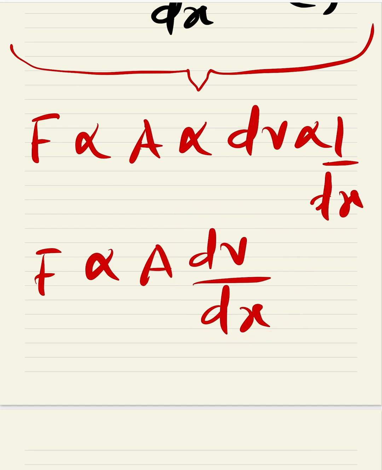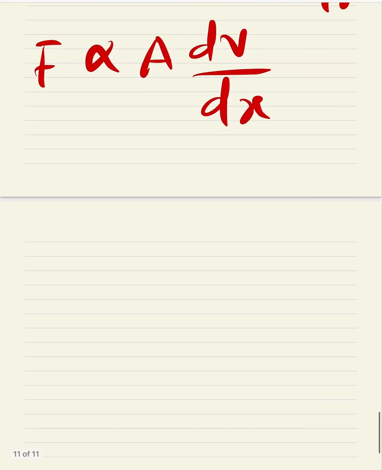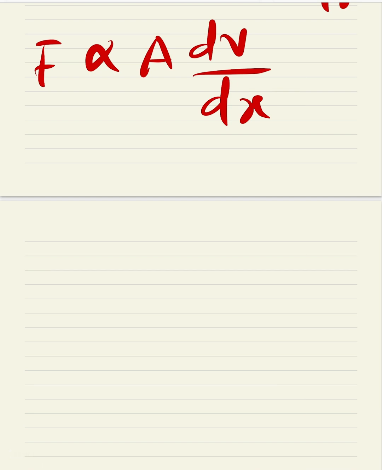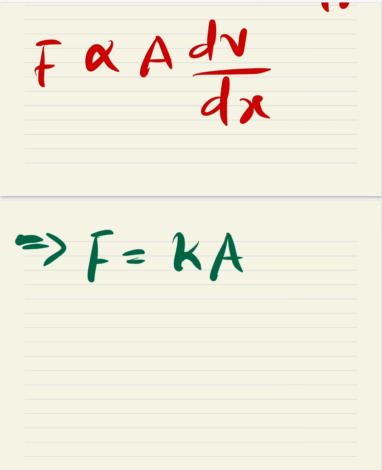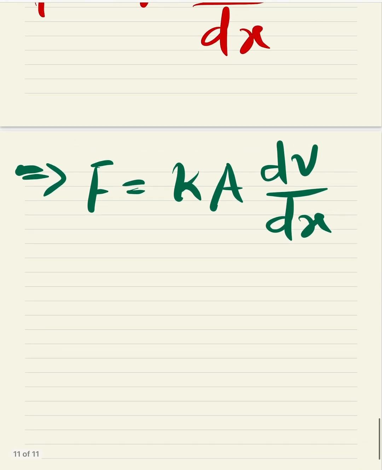So this is the formula, and you know when the proportionality sign goes away, the next thing that comes in is a constant. So we can introduce a constant, let's just call it k. Therefore, F is going to give us k A dV over dx. Just as the constant was changed to G, Newton's universal gravitational constant, this one has also been changed, and we call it eta, a Greek symbol.